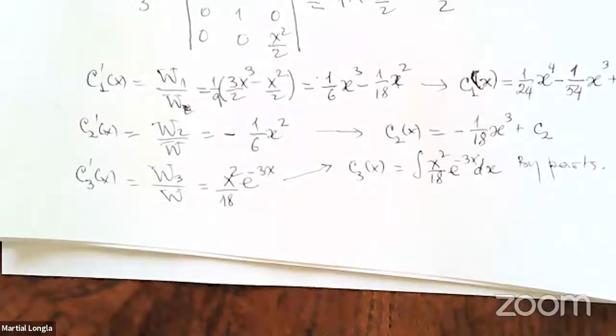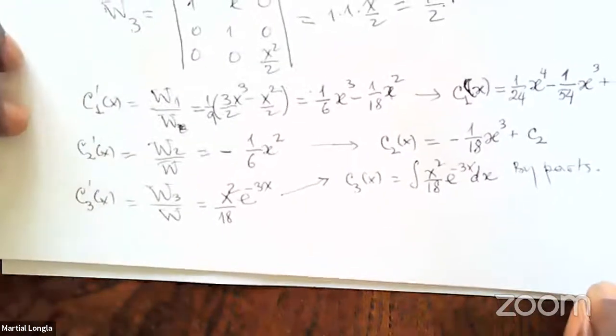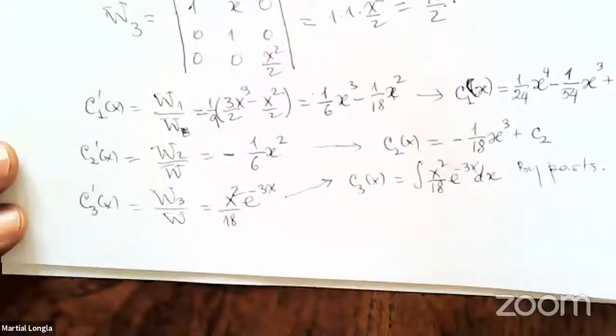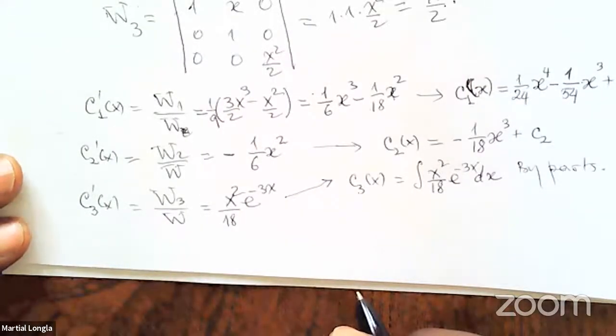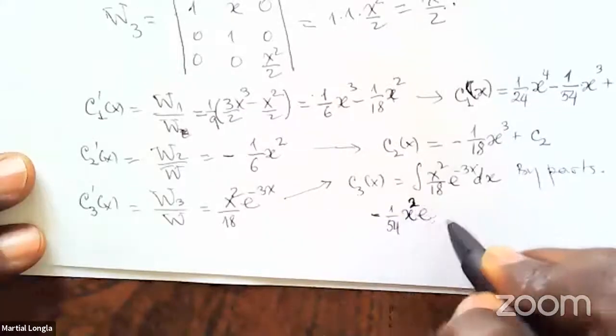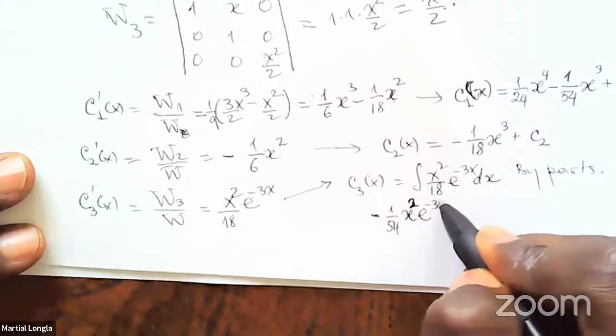I think I may have it. Okay. That's the first step. Are you talking about the integration still? Yeah. Okay. Is it negative 1 over 54 x squared e to the negative 3x?